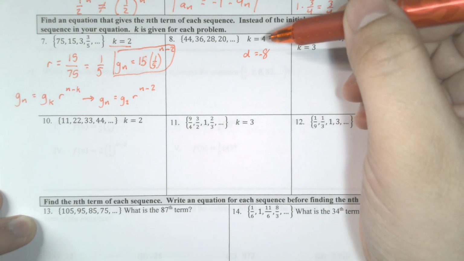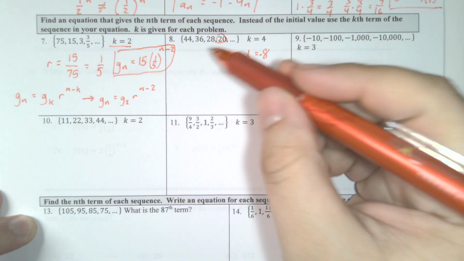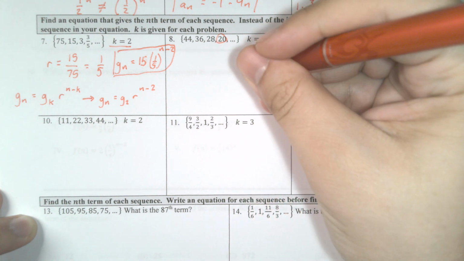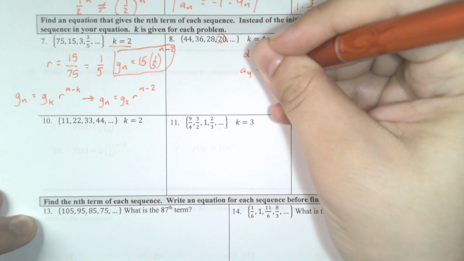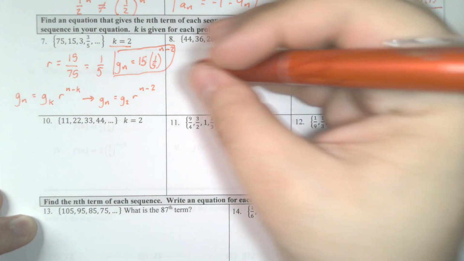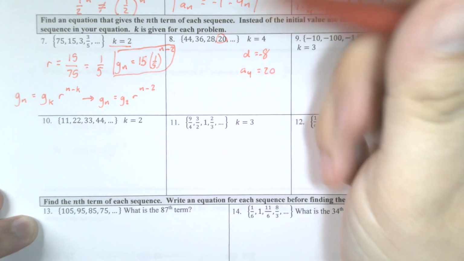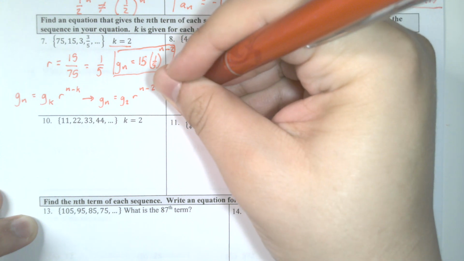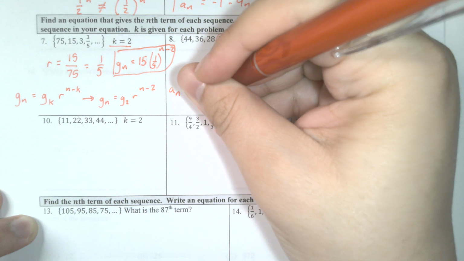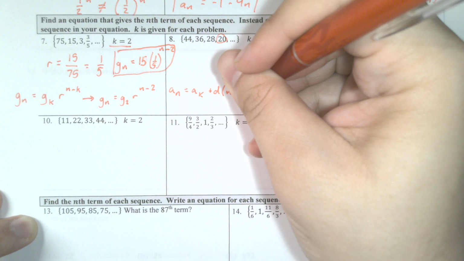And we know that k is equal to 4. So we already know that we're going to use the fourth term, a sub 4, which is equal to 20. Nothing to really calculate there. Since we're using arithmetic, the general formula is a sub n is equal to a sub k plus d times n minus k.